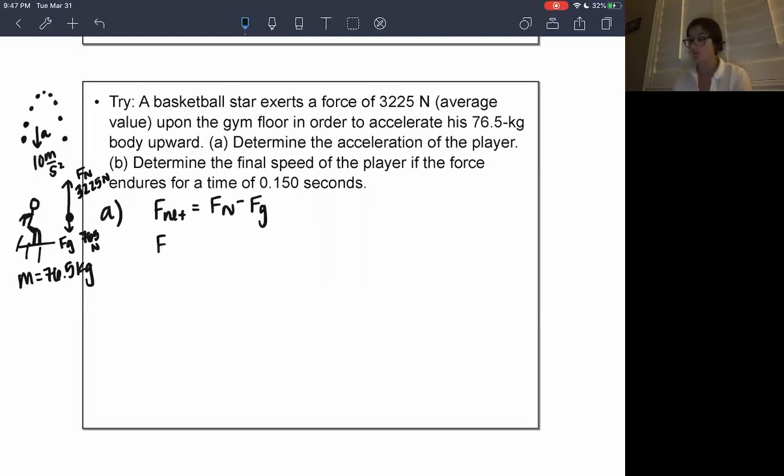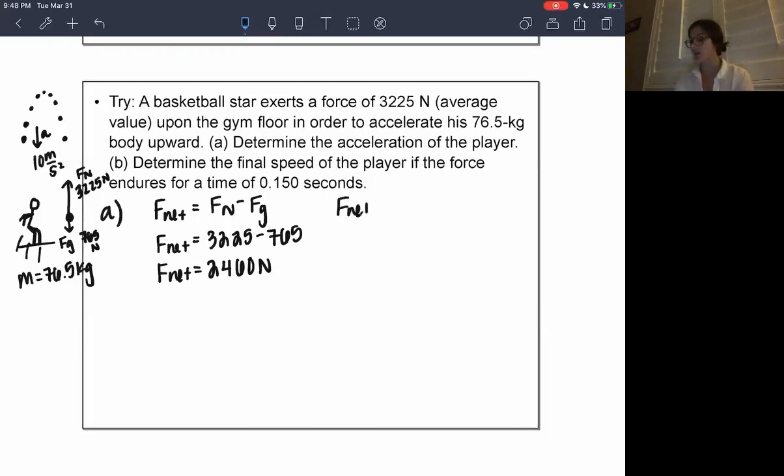So I have to subtract 3,225 minus 765. And when I plug that in my calculator, I end up getting a net force value of 2,460 newtons.